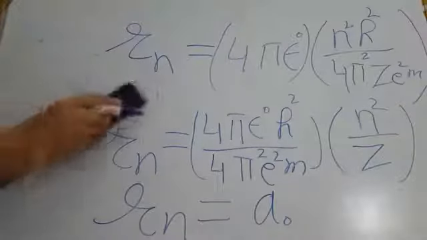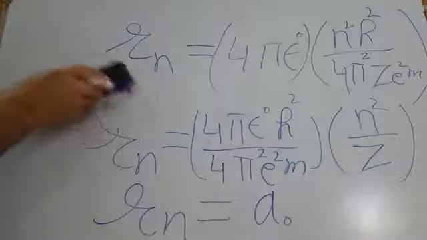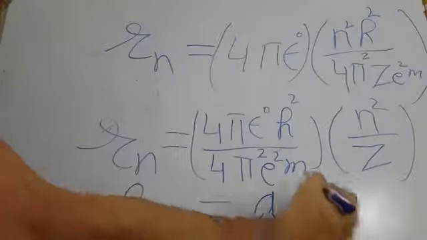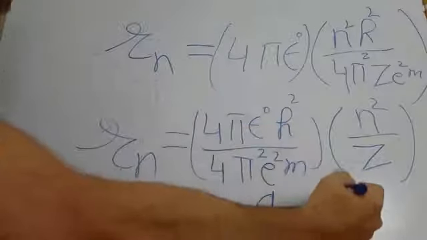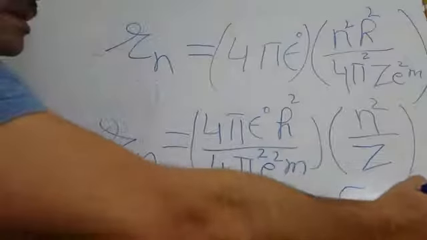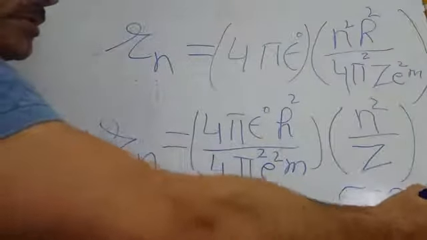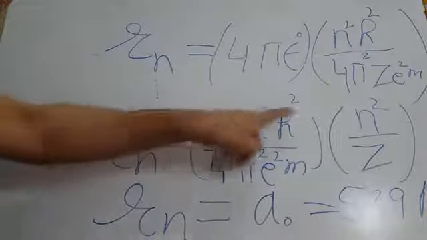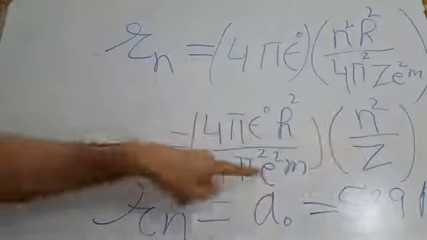And A0, by calculating this, comes out to be 52.9 picometer. By putting this value, it comes out to be this much.